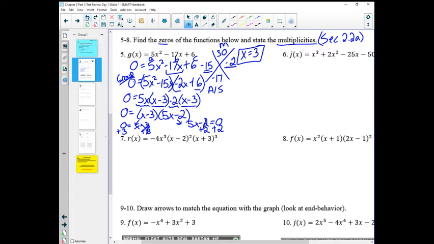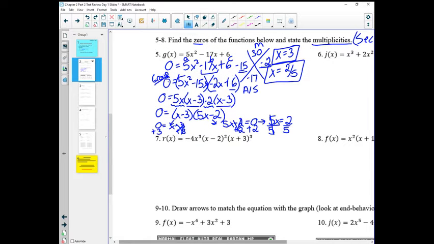First, move the constant over by adding 2 to both sides, so that 5x equals 2, and then divide both sides by 5. So x equals 2 over 5 is the other value for x. And those are the two solutions to that polynomial on question 5. Since each of these factors had an exponent of 1, they only occurred once, so I'm only writing each of those one time.